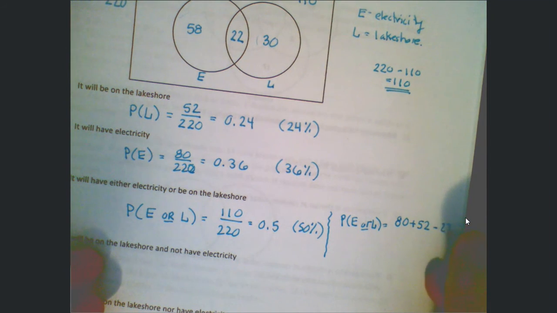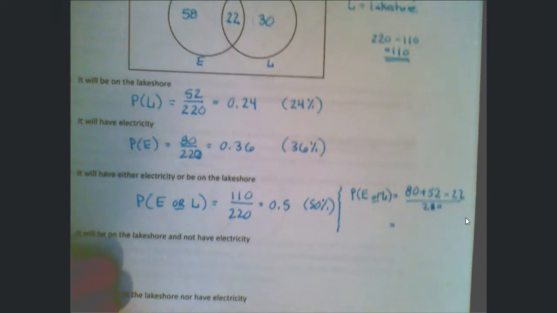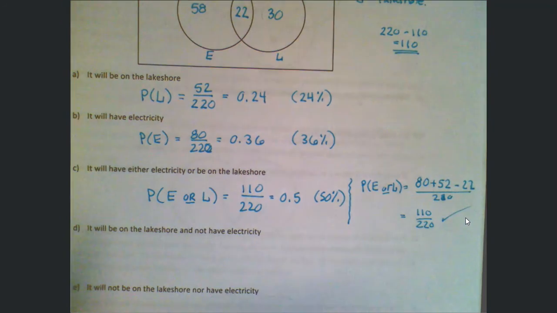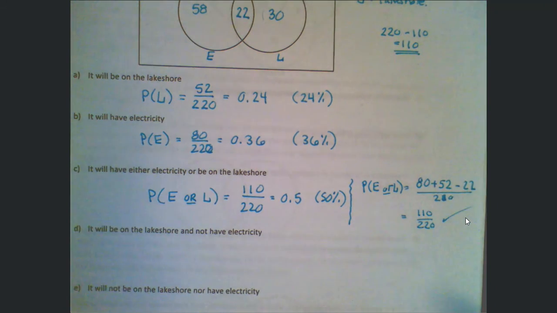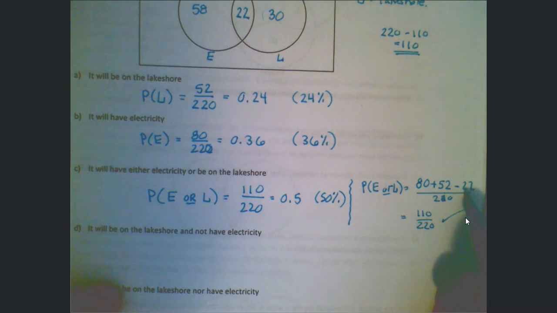Subtract the intersection over 220, and you'll see here that when you do that, you end up with exactly the same thing, which is 110 over 220, the same result. So that's using the principle of inclusion and exclusion that we had before, which says if you take 80 plus 52 and subtract 22, it's subtracting the intersection of those two things.